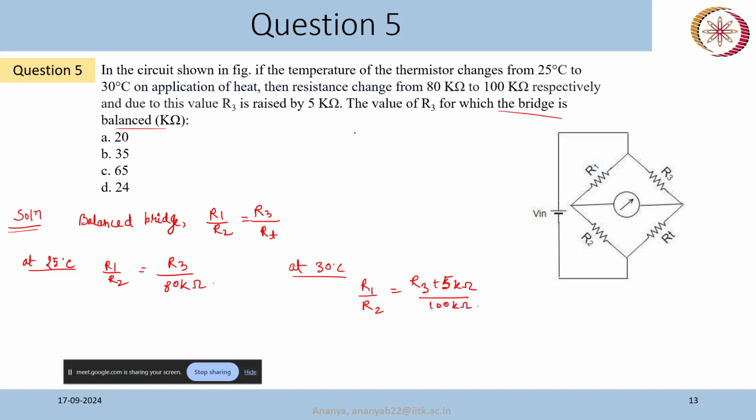Now again, as the question says the bridge is balanced, we can say that this ratio and this ratio are the same. That means R3 by 80 will be equal to (R3 plus 5) by 100.